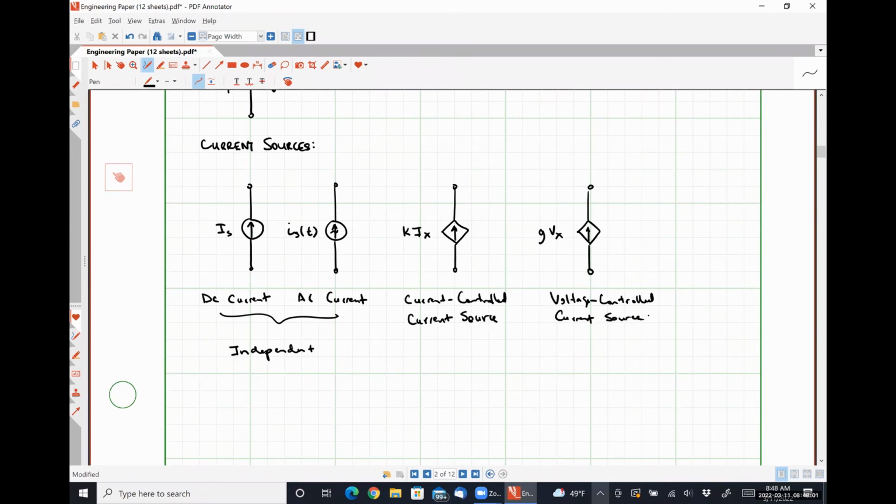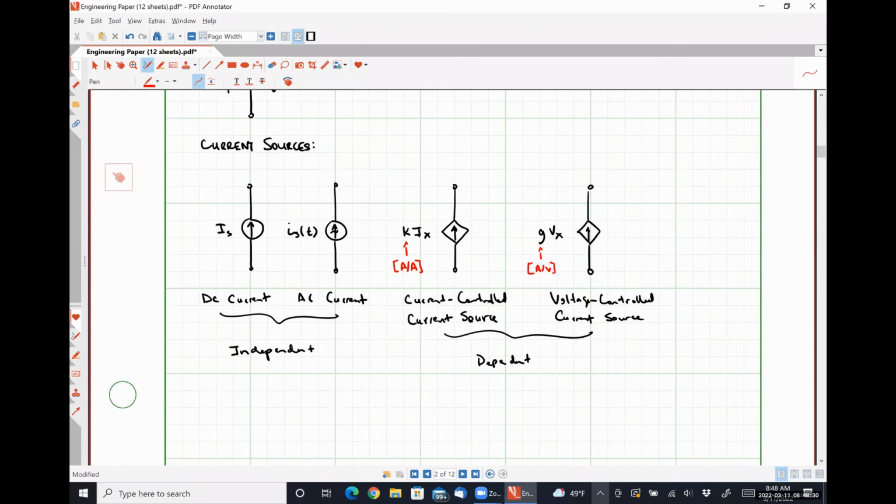Okay. Where these guys are our dependent sources, which means their value depends on quantities elsewhere in the circuit. The units on the coefficient K are amps per amps, and the unit on the coefficient G is amps per volt.